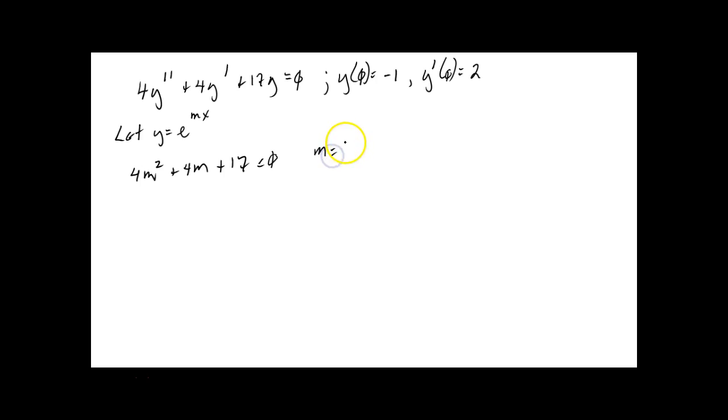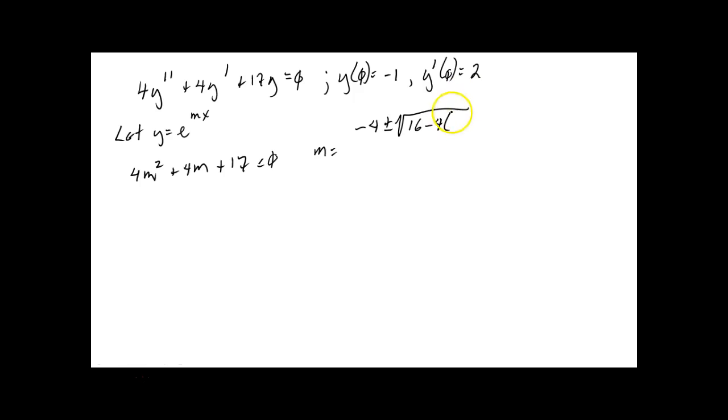m is equal to, help me, minus 4 plus or minus the square root of 16 minus 4 times 4 times 17. I think you can probably already see this is going to be another complex one, over 8. All right, so let's proceed with that.